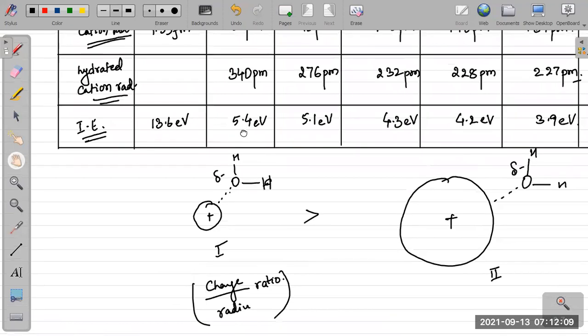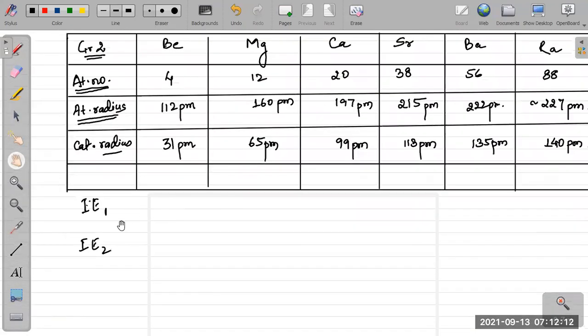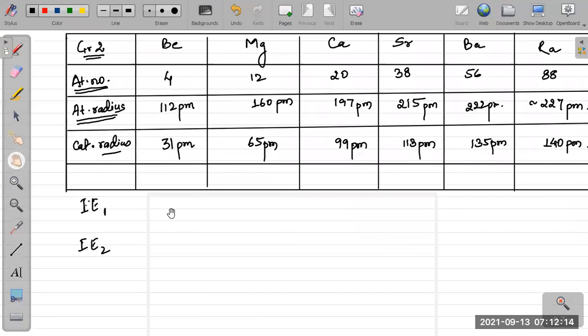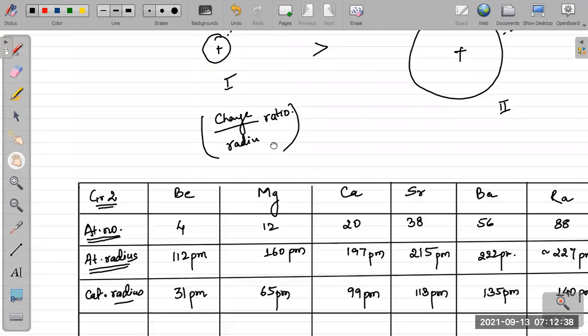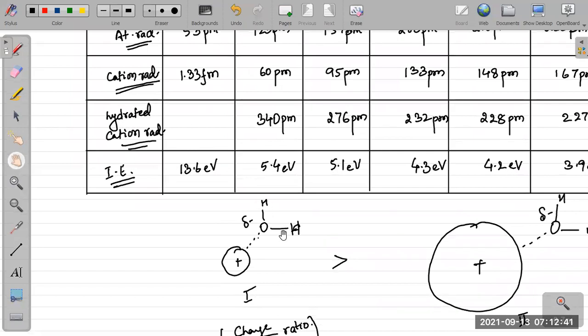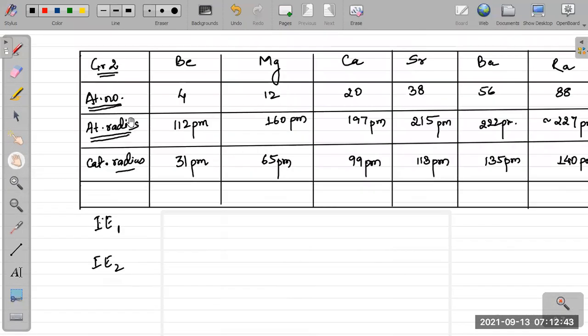Its value for lithium is 5.4, so this will be more than 5.4. What the exact value will be, that value is not written anywhere; not very precise values are available anywhere, or I could not locate them at least, so I haven't given it as of now. Maybe I'll try to find it out again today and will give it to you. But as of now, that ionization energy and the second one is hydrated cation radii, that is not available.